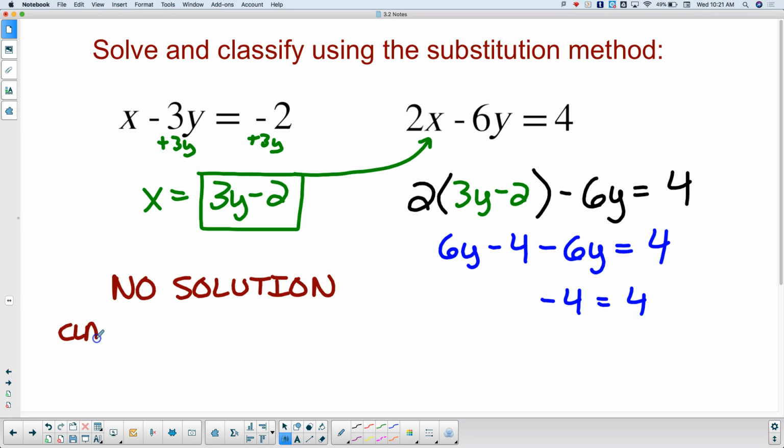Classifying it, because it asked us to classify too, what would the classification be for a no solution? Not incomplete. Nope. What's the classification? Inconsistent.